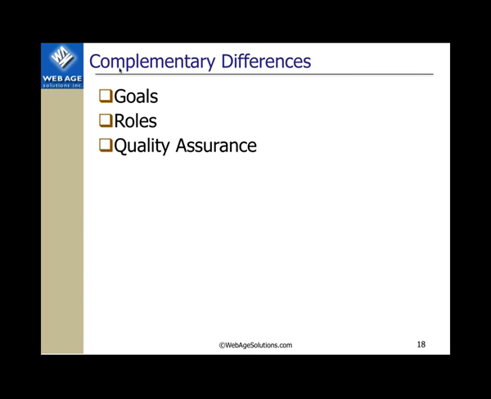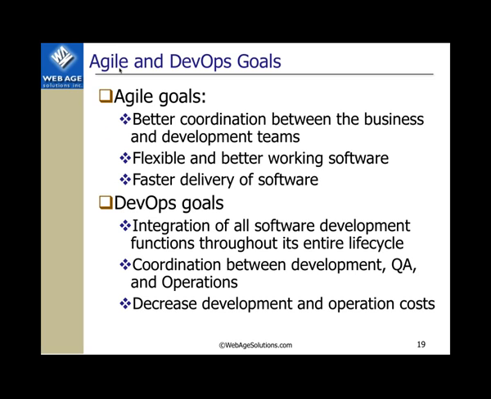And to do that, we want to recognize that there are what we might call complementary differences. Both organizations have goals, roles, and quality assurance objectives that are somewhat different, but can be used to complement each other effectively.